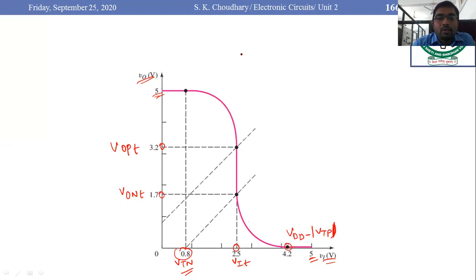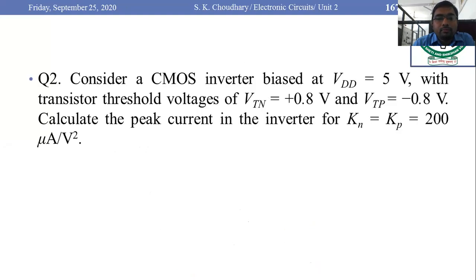The next question is also based on the CMOS inverter. Consider a CMOS inverter biased at VDD equal to 5 volt with transistor threshold voltage of VTN equal to plus 0.8 volt, VTP equal to minus 0.8 volt. So similar parameters as in the previous question.